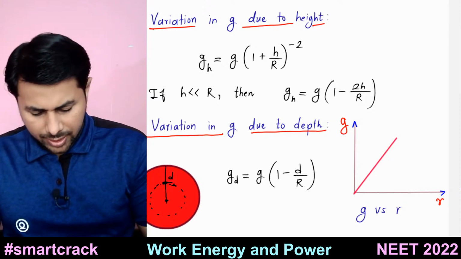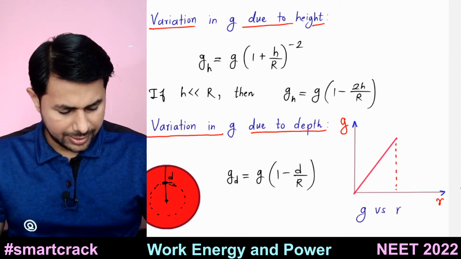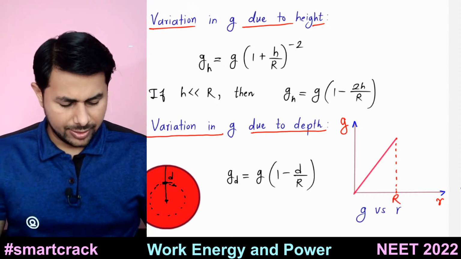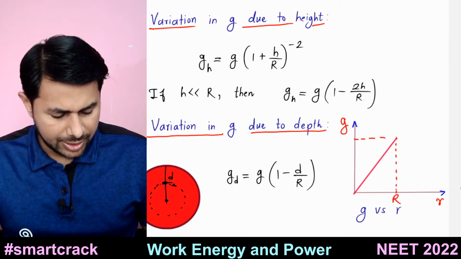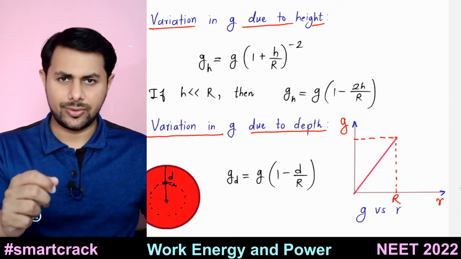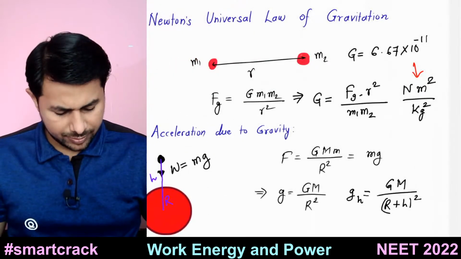So the acceleration due to gravity keeps on increasing and its maximum value is on Earth's surface. It is equal to what? We know it is GM over R square, and then it falls off, given by this formula.